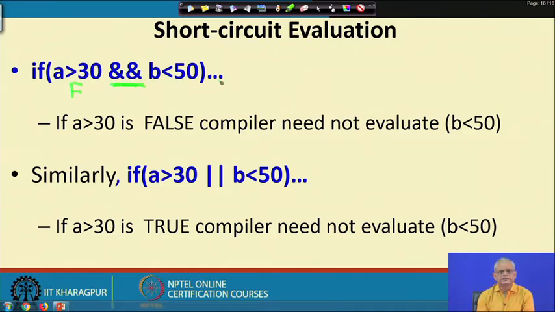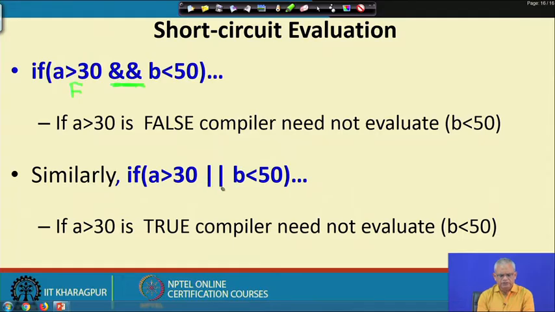The compilers take advantage of this, and as soon as they find a false in this kind of expression, they will not evaluate the others, they become do not cares, and the outcome will be false.